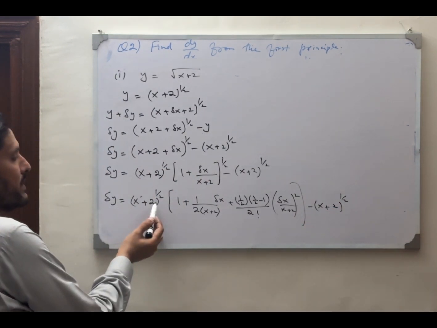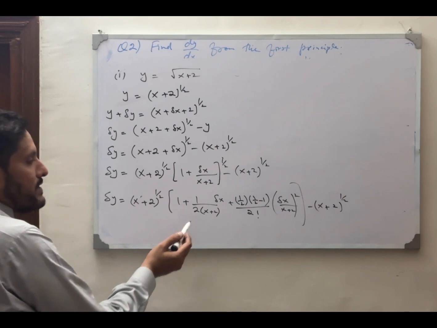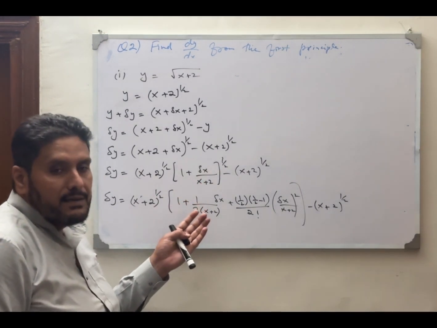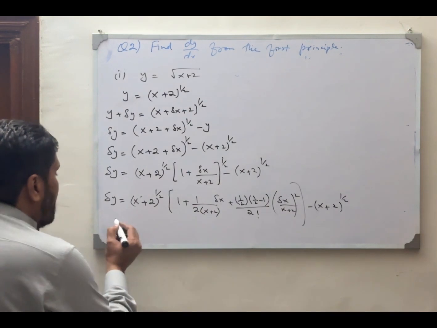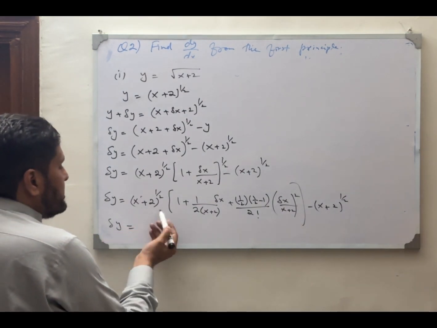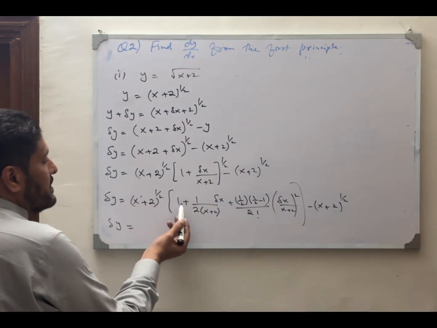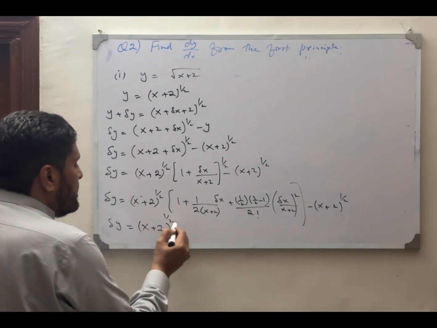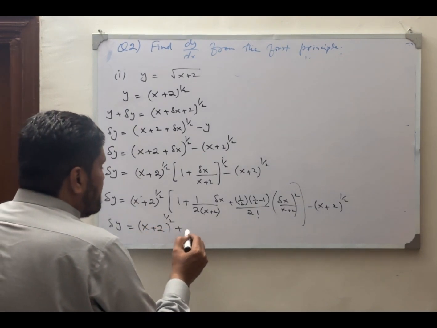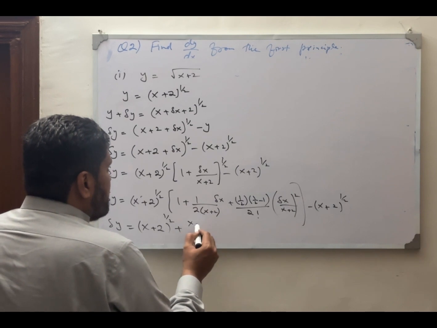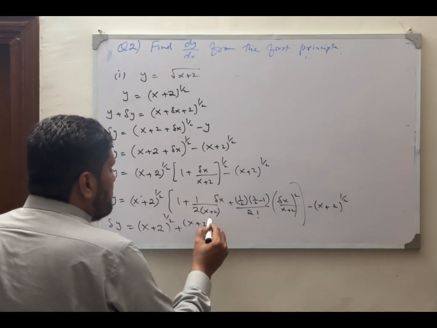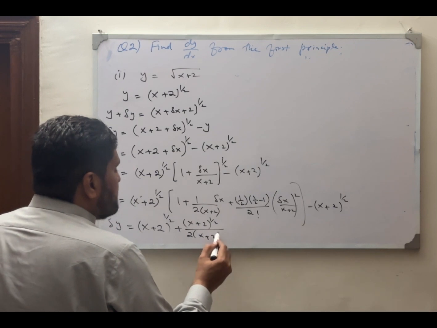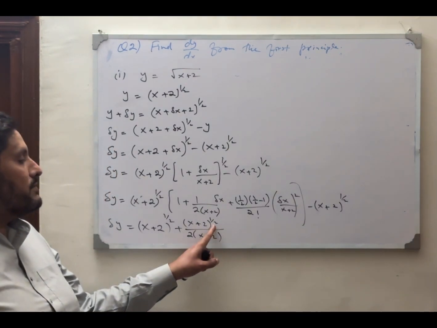So now multiplying this term with these expressions after reduction by using binomial theorem, we have delta y is equal to x plus 2 power 1 by 2 multiplied by 1, that is equal to x plus 2 power 1 by 2 plus x plus 2 power 1 by 2 divided by 2 into x plus 2. That means here we have its power 1 by 2.